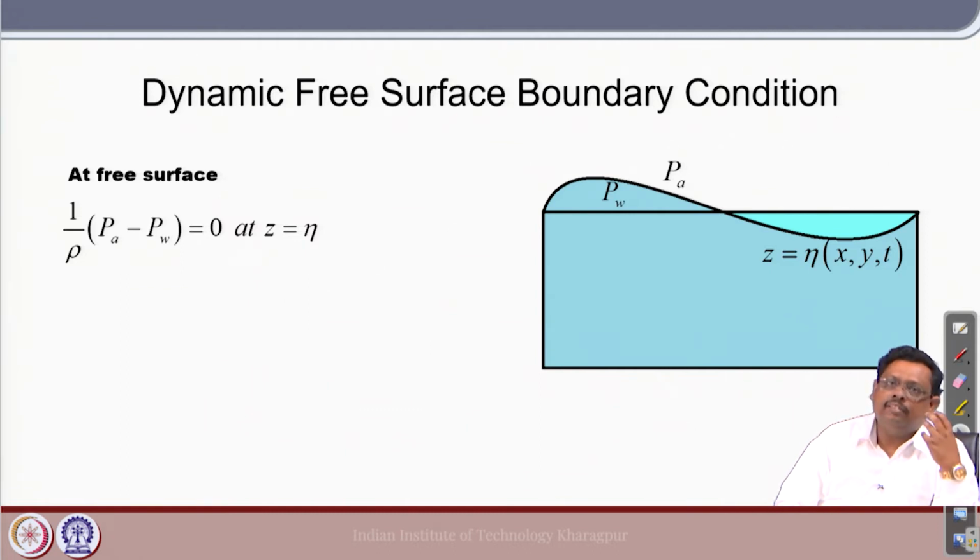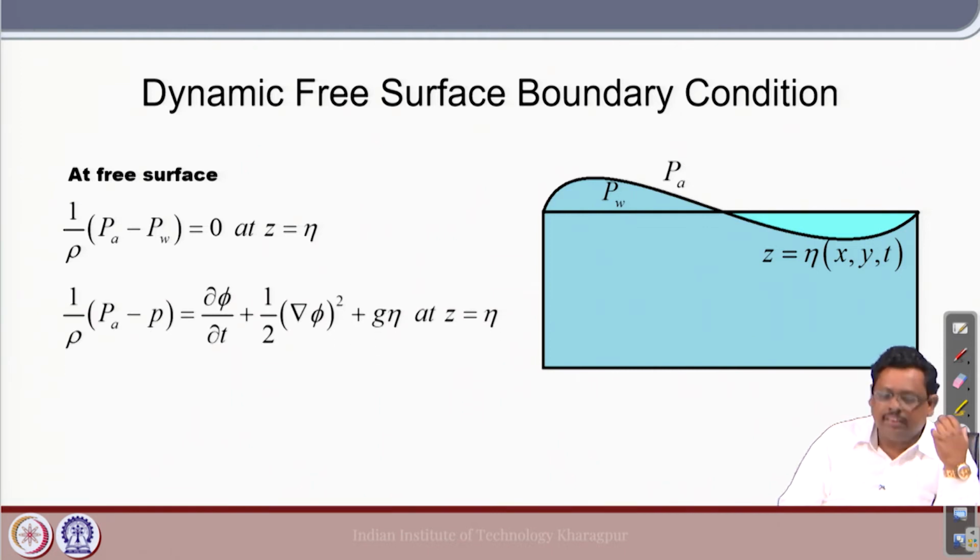So, that means the air pressure and water pressure balance each other, and the difference goes to 0. Now, if we apply it in the Bernoulli's equation, or my pressure equation, this is the equation that we learned: the pressure equal to ∂phi/∂t plus half grad phi square plus g eta. We have discussed it in the last class. So, here we are not deriving it.